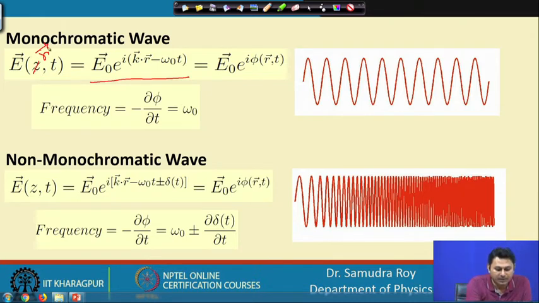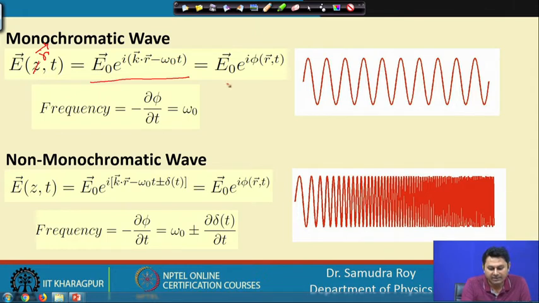So, E is a solution of E 0, the plane wave kind of solution, k dot r minus omega 0 t. I write this as omega 0 because omega 0 is a frequency and I like to mention this frequency very specifically, that is why I put 0 here.